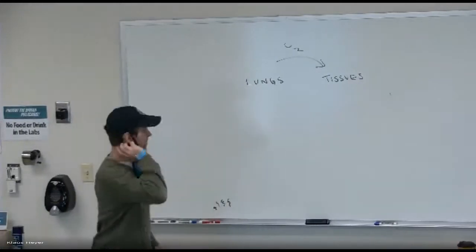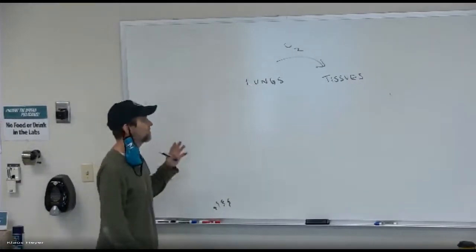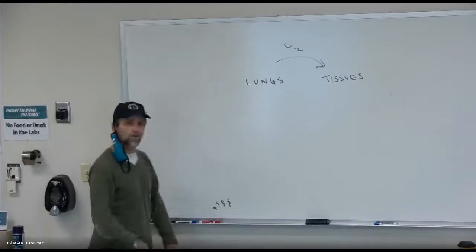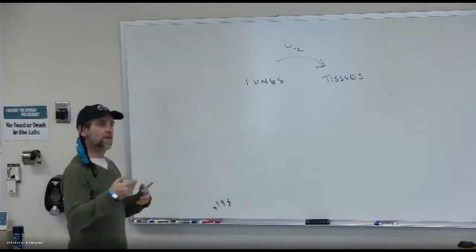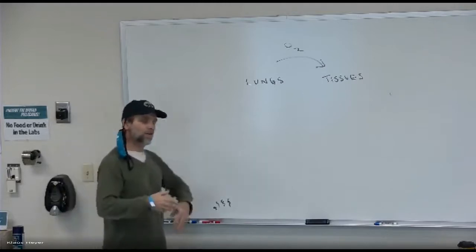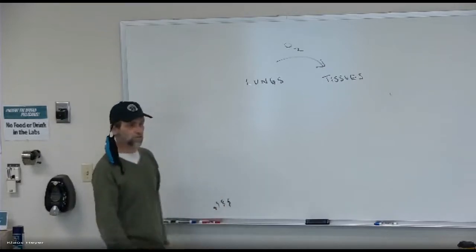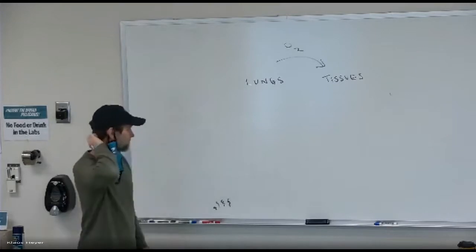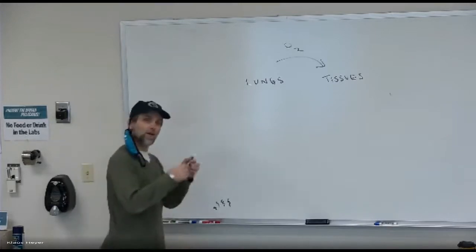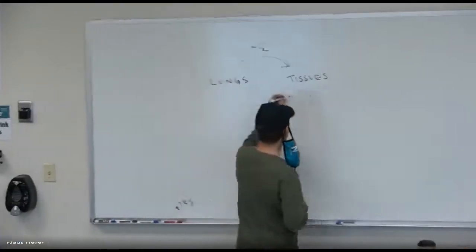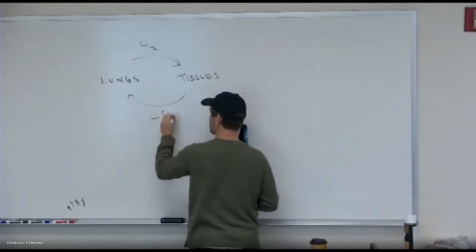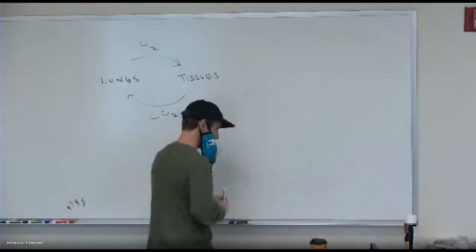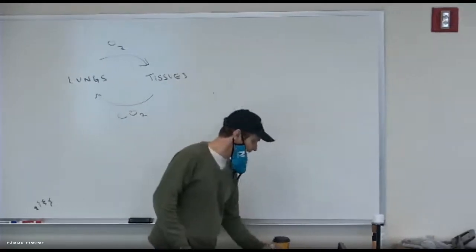So where do you get the oxygen? You get it in your lungs. Then that oxygen goes into the blood, and then it goes to all the cells in your body. And then we have to get the waste product back, carbon dioxide. So that's going back to the lungs.